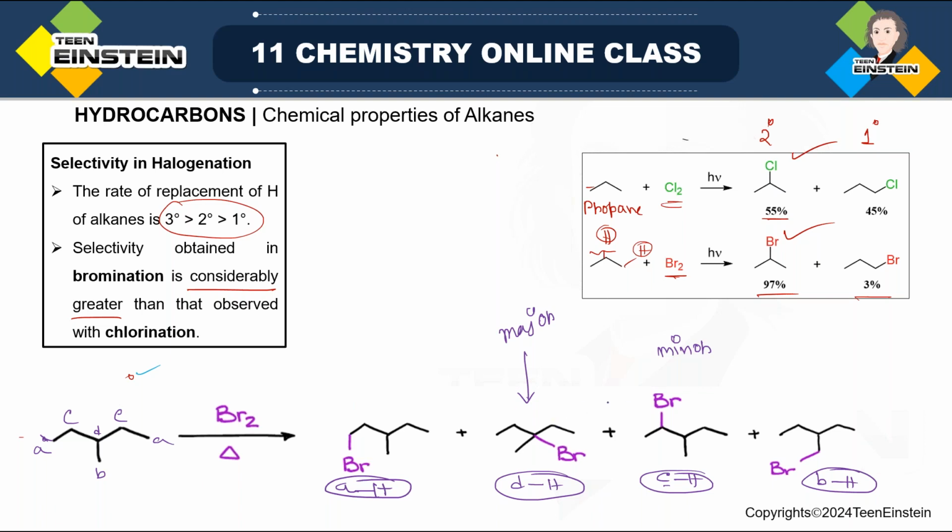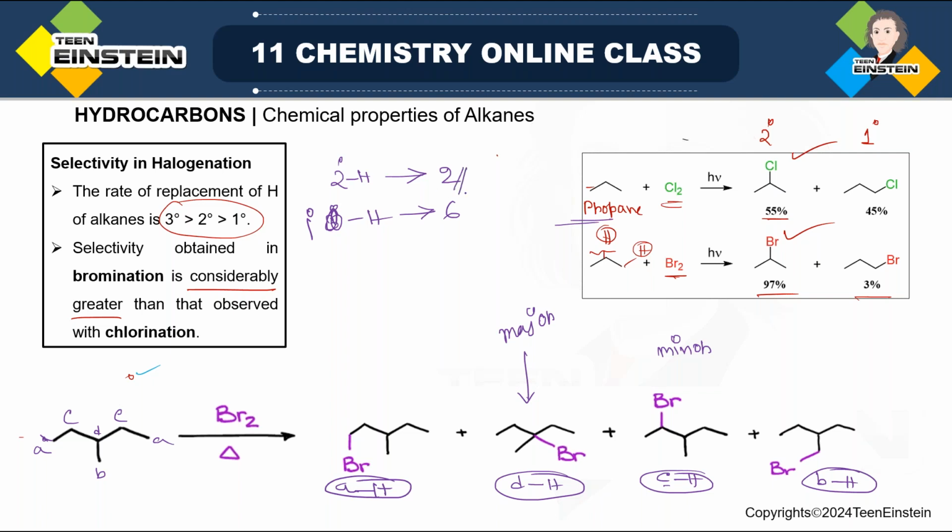Now, another important point is also there, which is known as statistical factor. What I mean by statistical: here simply consider propane. Here you have 2 degree hydrogen, total number is 2. If you consider 1 degree hydrogen, total number is 6. Though we know that 2 degree is more stable than 1 degree, that is fine.